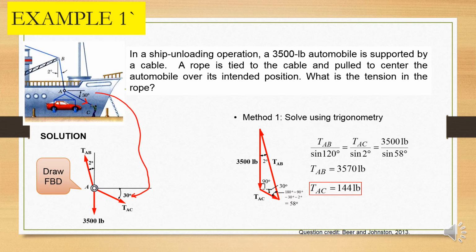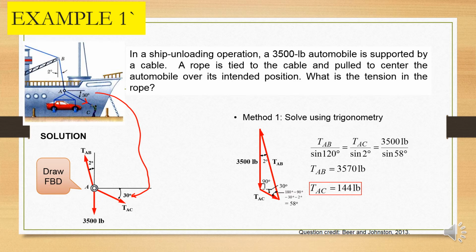And then since we focus on the particle at A, there's another force here which is due to TAB, the tension by the rope at TAB. The angle between the y-axis and the TAB is 2 degrees.